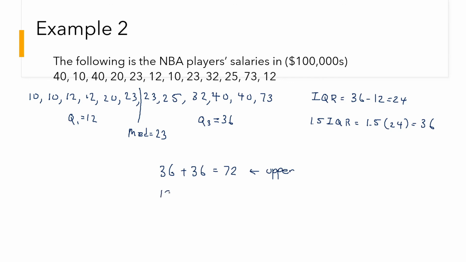And 12 minus 36 comes out to be negative 24, which is your lower boundary. Looking at this, we don't have any number less than negative 24, so we don't have an outlier on the lower side. But we do have an outlier on the upper side, which is 73, just like we expected, because 73 is greater than our upper boundary of 72. So 73 is an outlier.